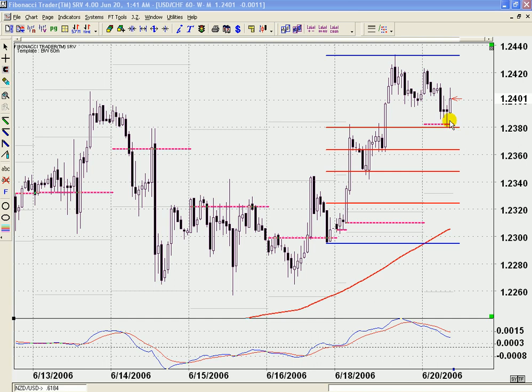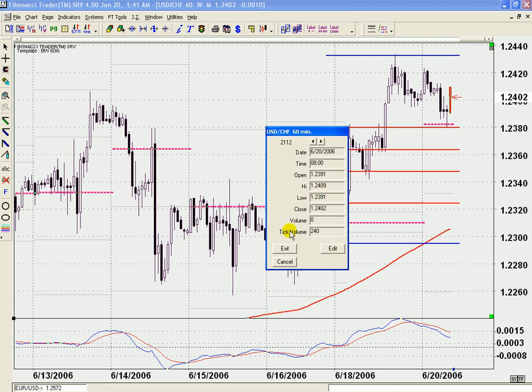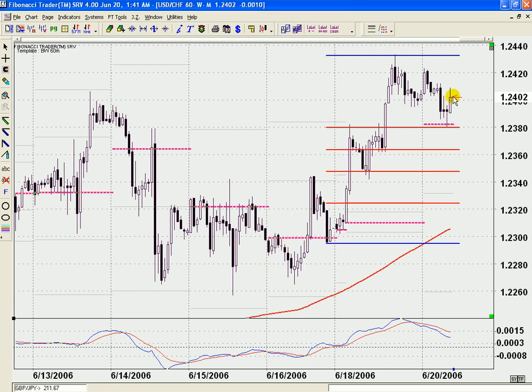But I want you to note that this hammer here was seen in the previous sections, and I went long at 85. I've since been filled. The high here is 2409. I was filled at 05, and I think we are going to continue up.